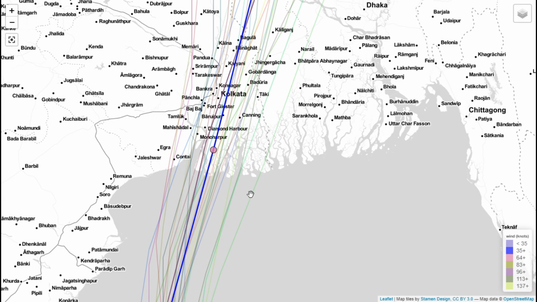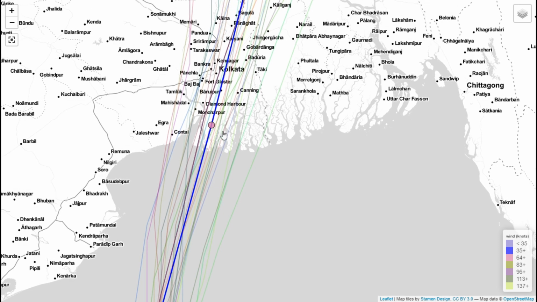Now let us move to this particular point. As you see, at this particular point, Amphan will become a category 1 hurricane, and that will happen around 16 hours from now.